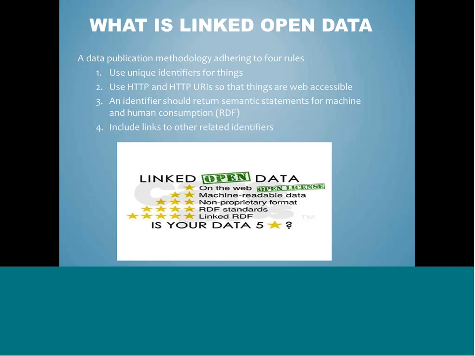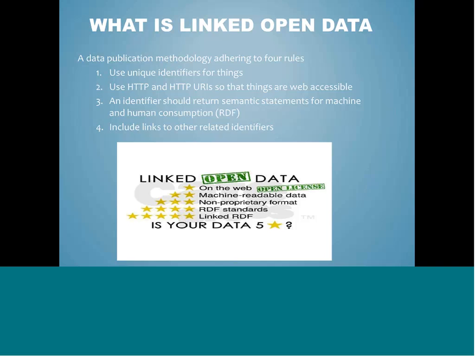Everything is web-based and web accessible, so these unique identifiers will be resolvable through HTTP, meaning you should be able to put the identifier into a web browser or some semantic tool and be able to get back some information about that resource. Now, ideally, this information is in a semantic representation. We're using a form called RDF, the Resource Description Framework, which is a semantic web standard.